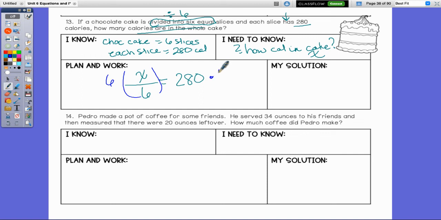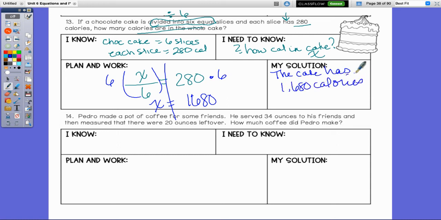Multiplication. Whatever I do to one side, I do the other. 6 divided by 6 leaves me just that x. 280 times 6 is 1,680. So the cake has 1,680 calories.